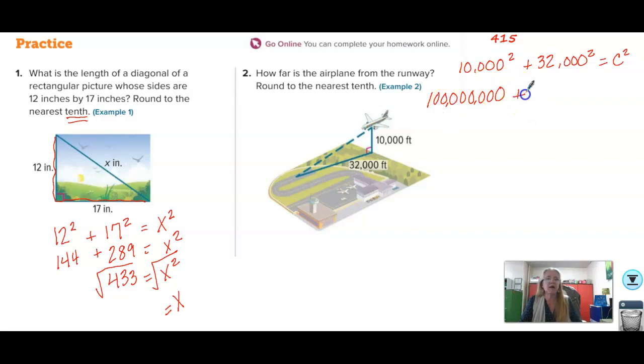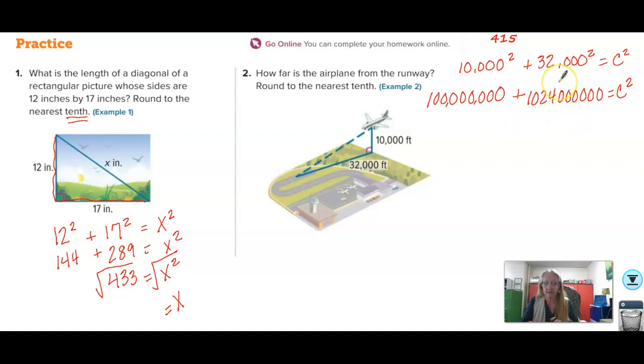And now we have to square 32,000, which is going to be even bigger. Holy cow, Batman. It does fit in the calculator, though. If you have a TI-30, it'll fit. It's 1,024 and then 6 zeros.